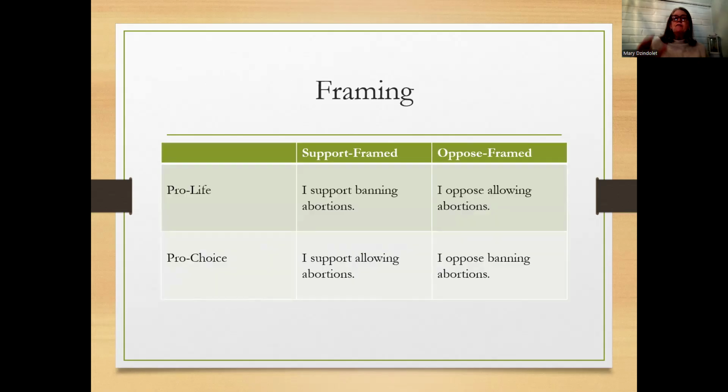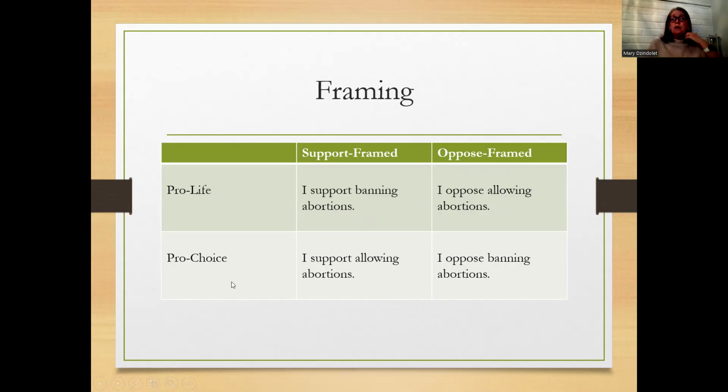And by framing, just to remind you, I know you've all read the article and most of you submitted a summary for it, let's say you're pro-life. You can start talking about that by using a support frame sentence like, I support banning abortions, or an opposed frame like, I oppose allowing abortions. You're saying the same thing, but one says what you support, the other what you oppose.